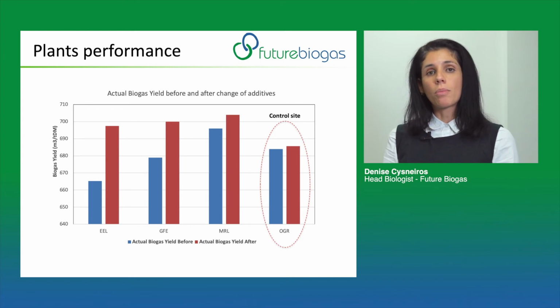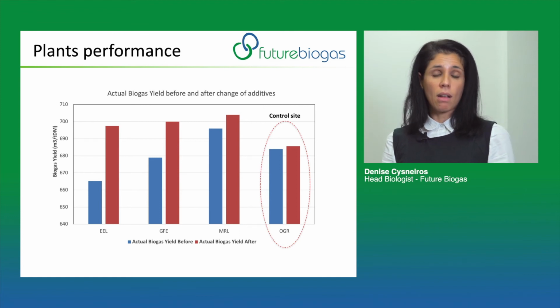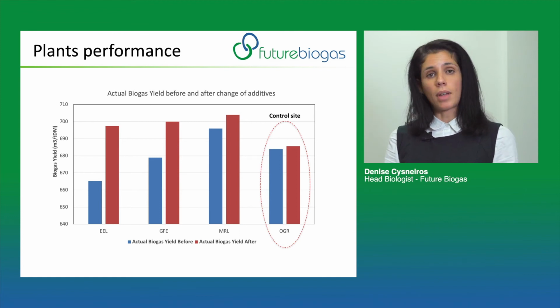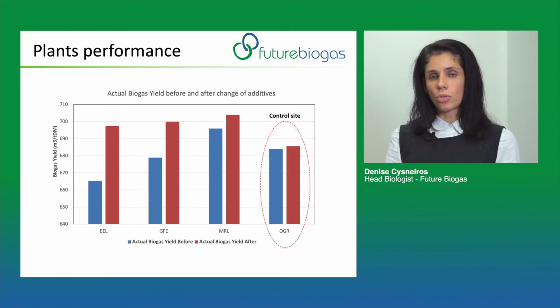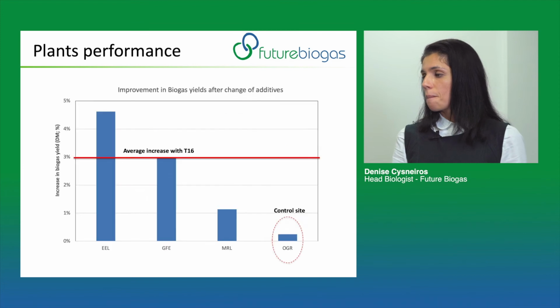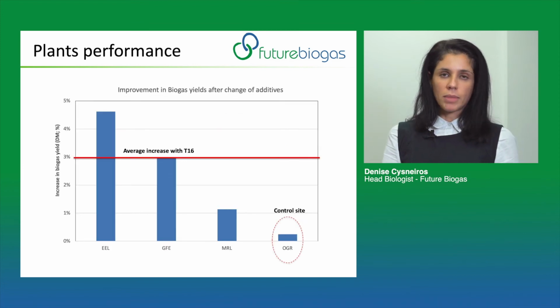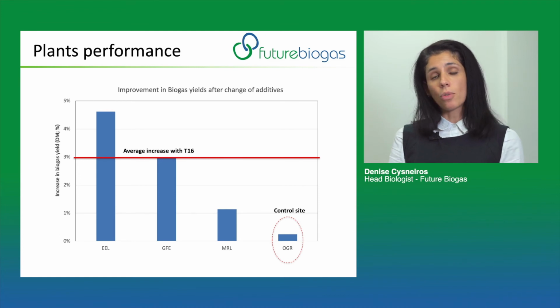You can see that the improvement in performance was more pronounced on the sites where the T16 was supplied, if you compare against the control site where third-party additives were supplied. This is just another way to represent the same data. So you can see here, this is the improvement in performance.